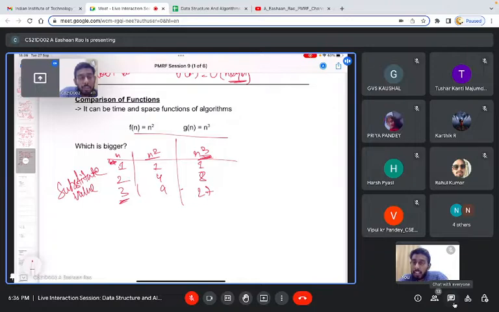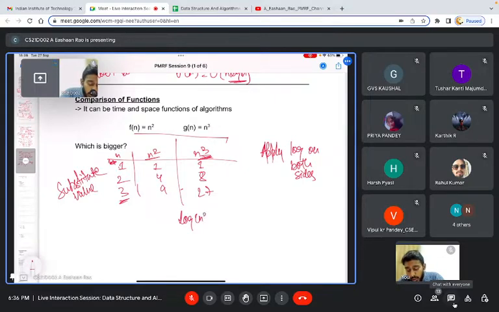But we will see in some other examples that it's not always possible to calculate this way. These are very simple functions, so it's quite possible here. Another way that we can use is to apply log on both sides. So we put log n square and log n cube.